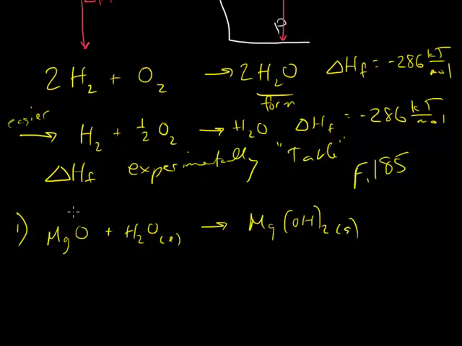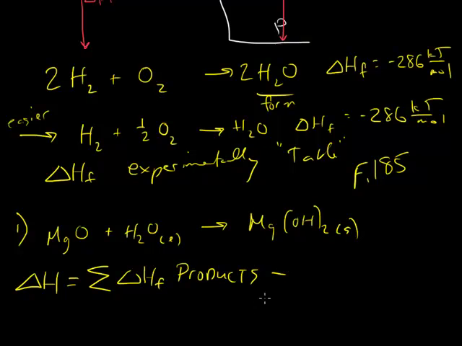To calculate the total delta H for this reaction, we take the sum of the heat of formation data of all the products, and we subtract the sum of the heat of formation of the reactants, because the reactants are going through the opposite process, they're breaking down, not forming.